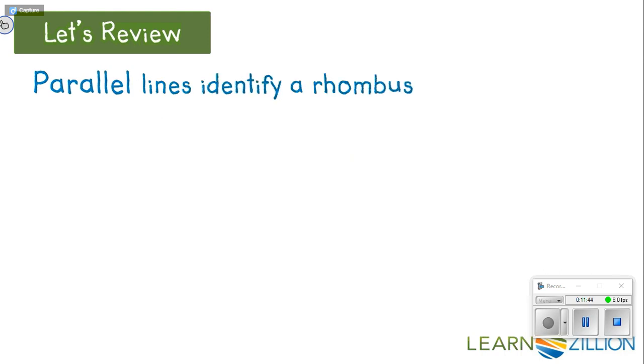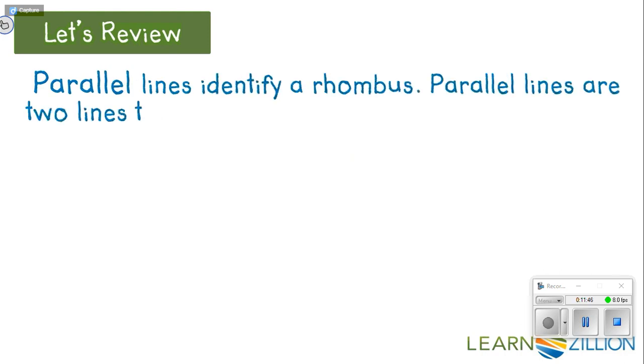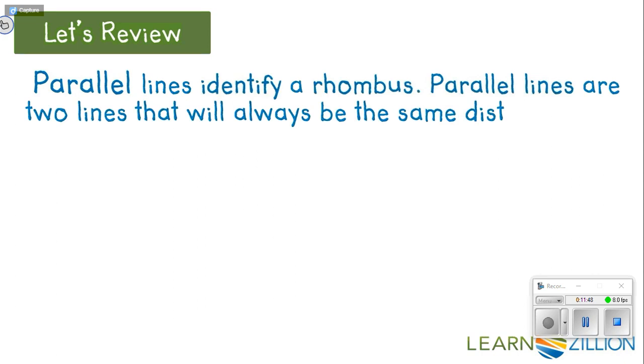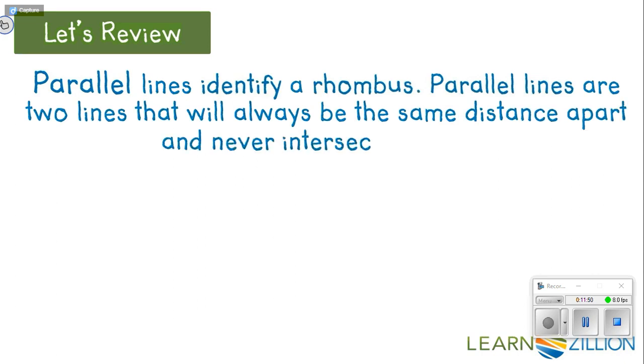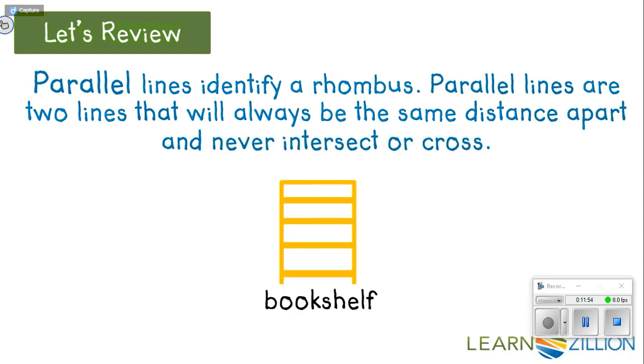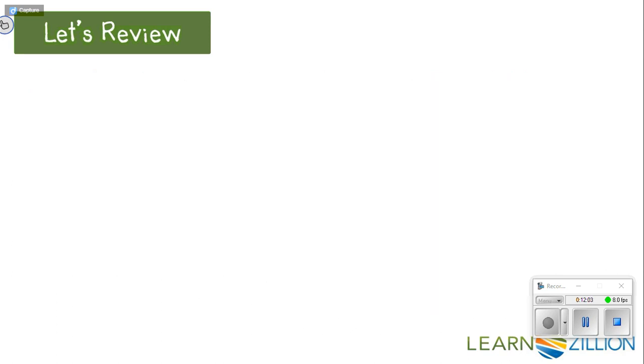Some quadrilaterals also have parallel lines. Parallel lines are 2 lines that will always be the same distance apart. They could go on and on forever and never cross or become farther apart. In our example of a bookshelf, we see 1 pair of parallel lines and a second pair of parallel lines.